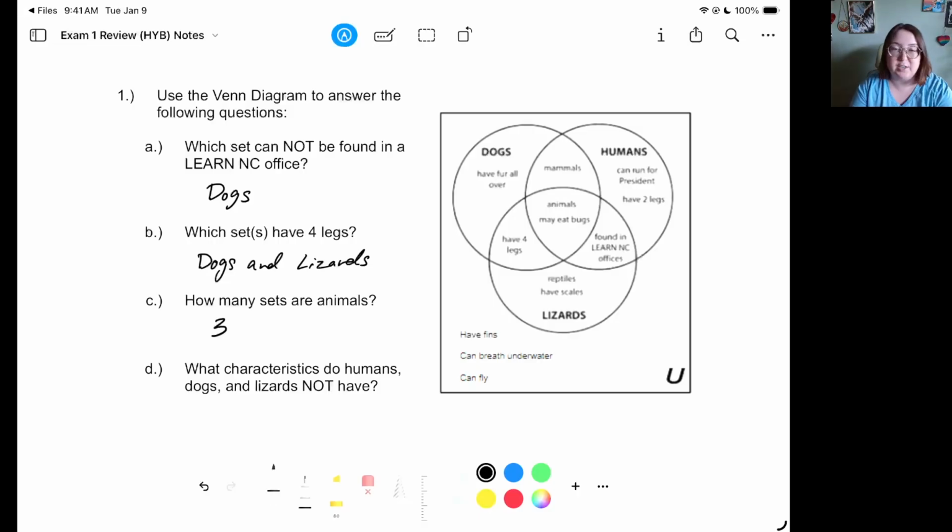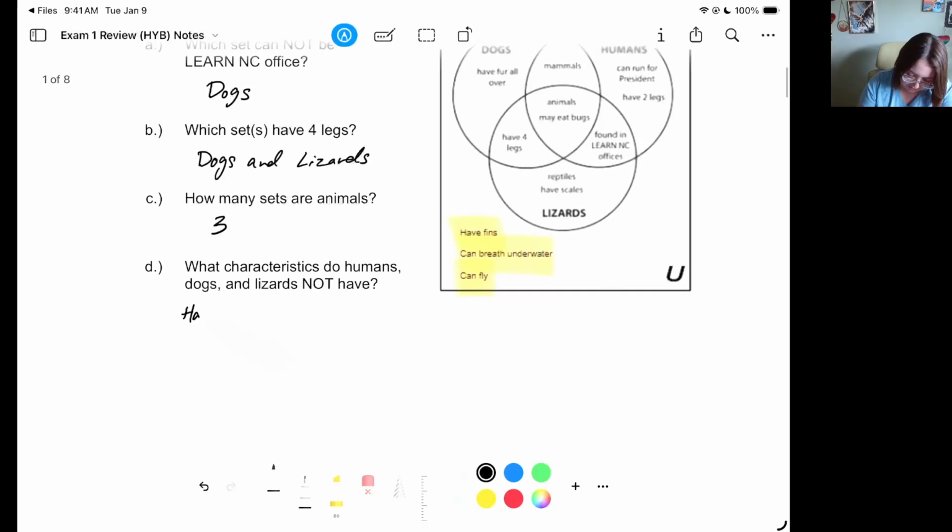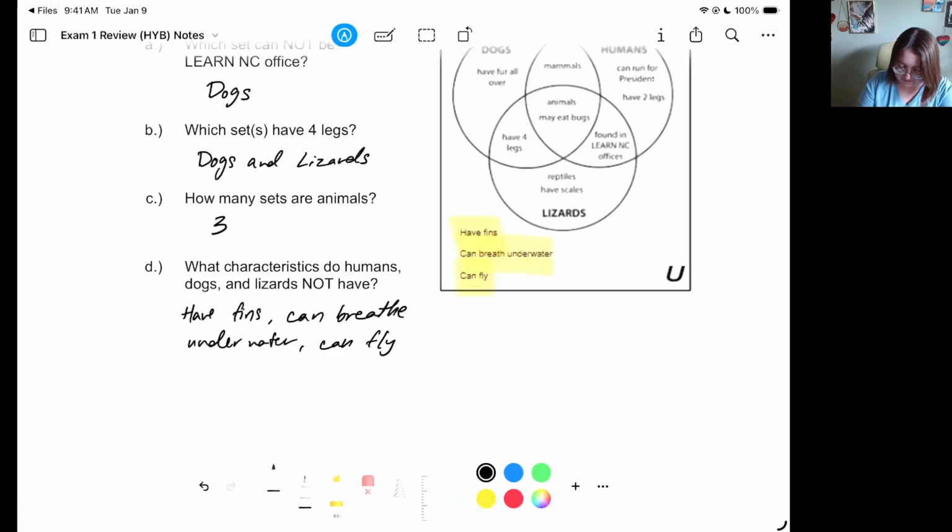All right, then our last one. What characteristics do humans, dogs, and lizards not have? So all the characteristics that they do have are located within their circles or their sets. So the things that we are looking for are the things that are not within the circles. Which of these characteristics here: have fins, can breathe underwater, and can fly?